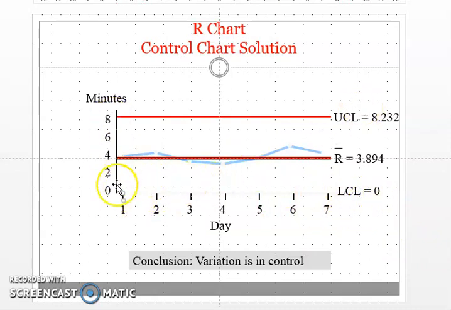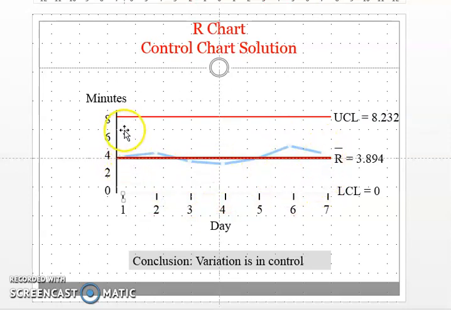According to the minutes of time taken, you have to choose a proper scale. On the x-axis there is the number of days, and on the y-axis there are the minutes or time taken to deliver the luggage. The first day's range R1, then R2, R3, R4, R5, R6 and R7 are noted.